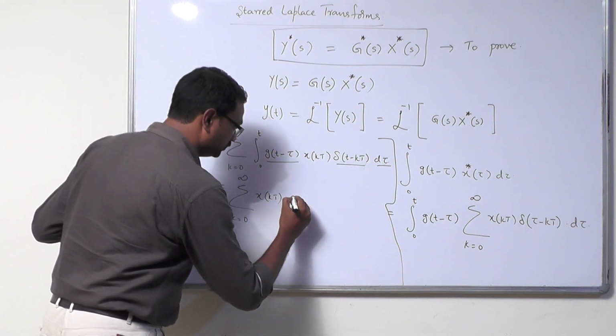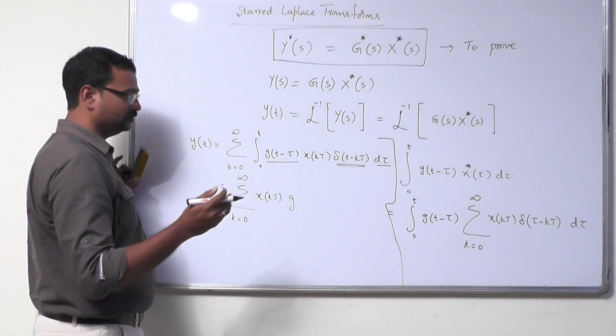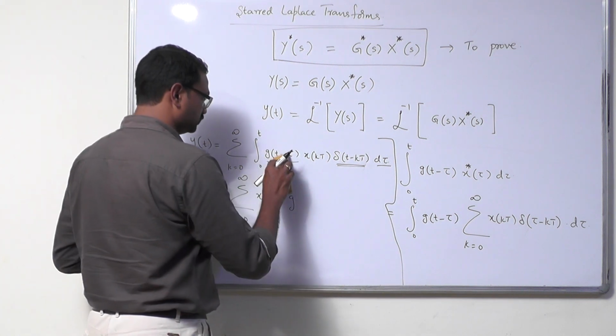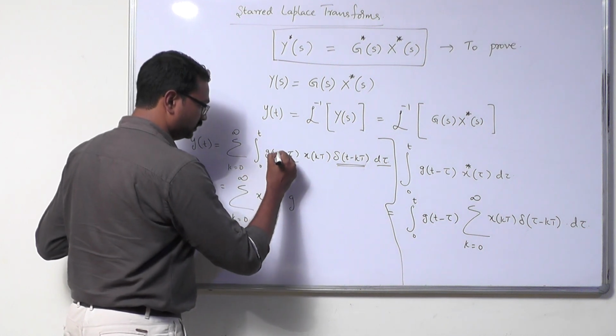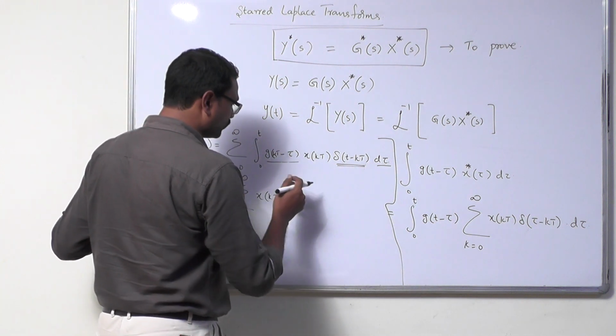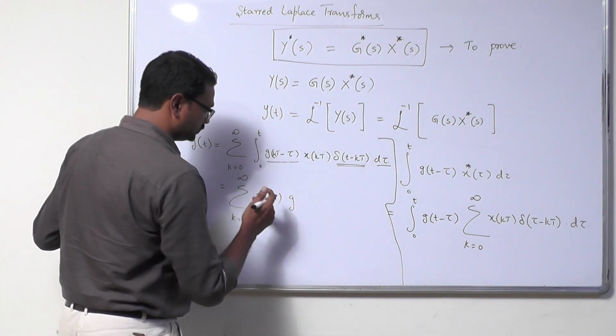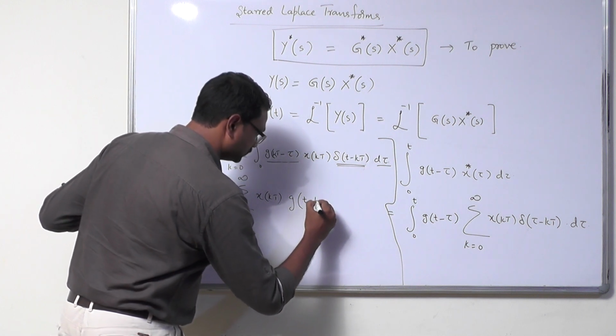Now this is a train of unit impulses for every time period t, and because this is coming into the summation, you can say kt minus tau, and you can just replace this with g of t minus kt.